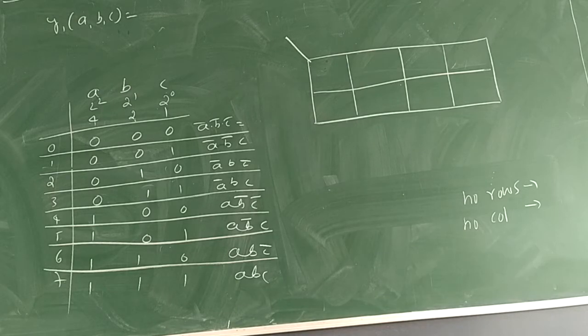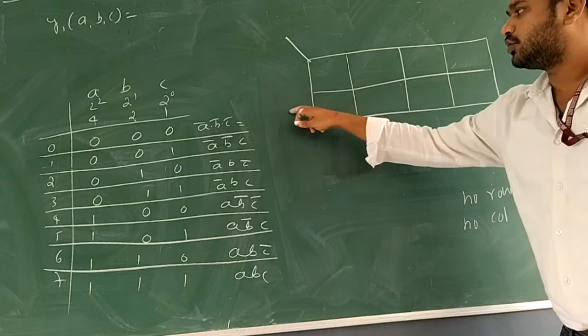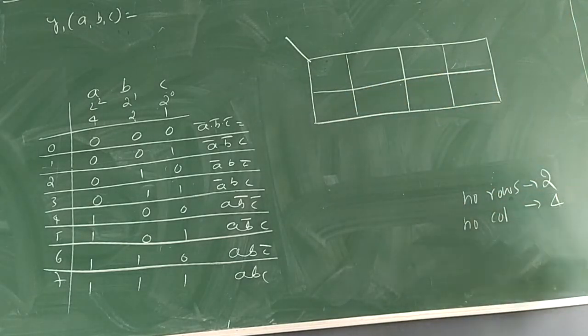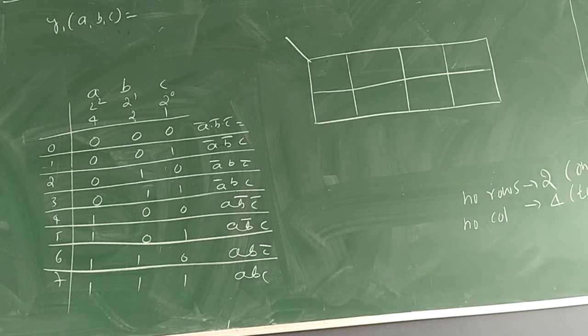There are 2 rows, row 1, row 2, and columns 1st, 2nd, 3rd and 4th. So there are a total of 4 columns. If there are 4 columns and 2 rows, we need this many variables to identify each row and column.